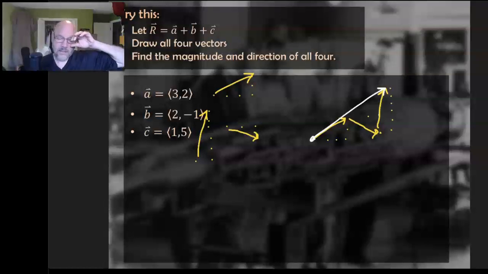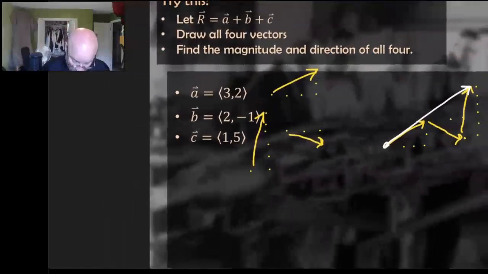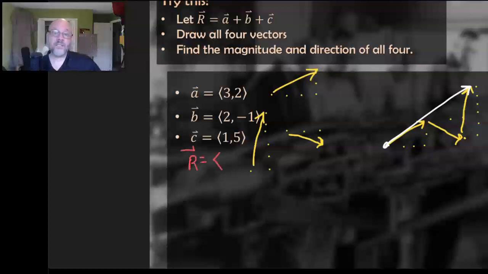And so if we want to say what is our vector, let me put it in here just like this. All I have to do is say, how far to the right did I go total? We went 3 to the right with A, 2 to the right with B, 1 to the right with C. So 3 plus 2 plus 1 is 6.